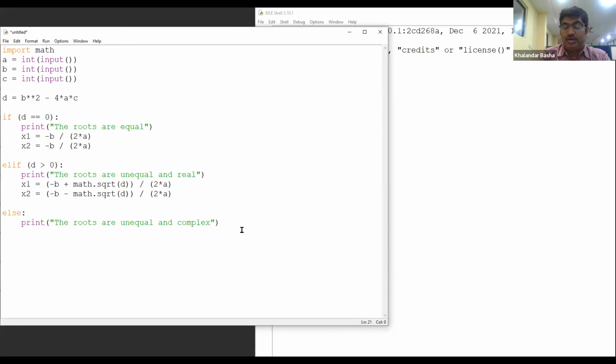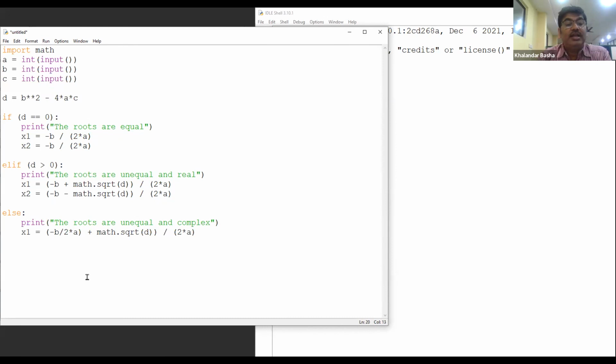Now, how to write the complex number for this. For this, the same thing we will write, we are just going to add the imaginary part, that is j, here. For writing this, we will write minus b by 2a.